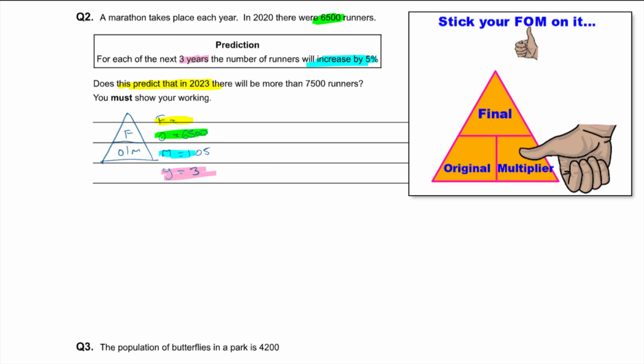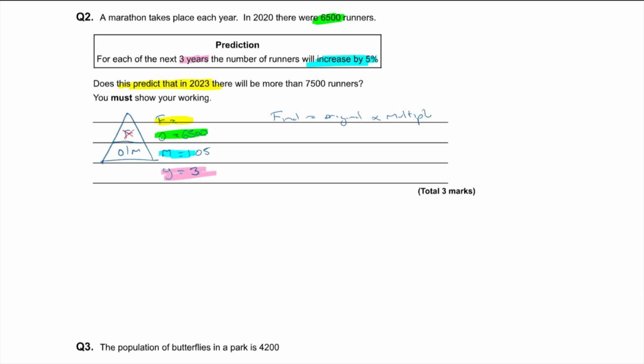Okay, so we've got all our values, and we know that crossing out the final, it's original times multiplier. So final equals original times multiplier. But when you've got repeated percentage change, you just raise that one to the number of years. Okay, so subbing in what we know into that equation. Original is 6,500.